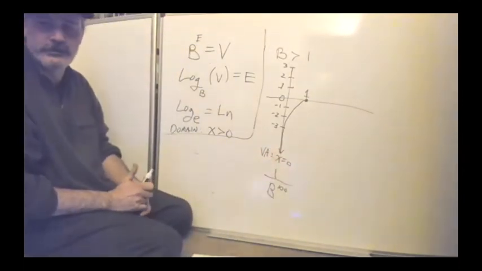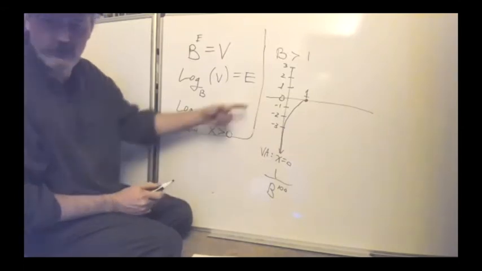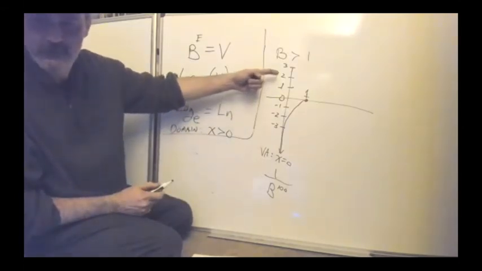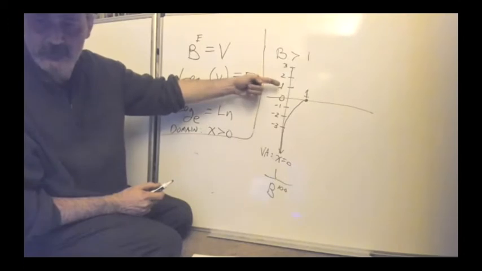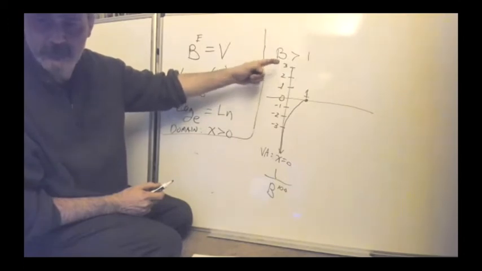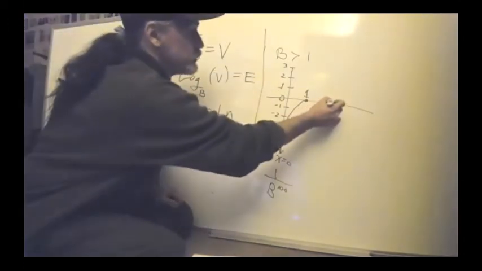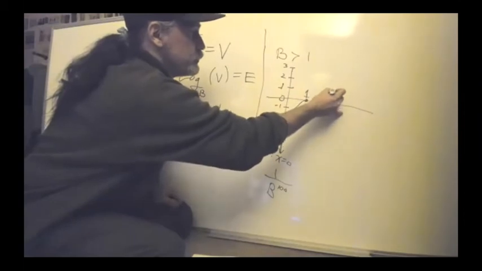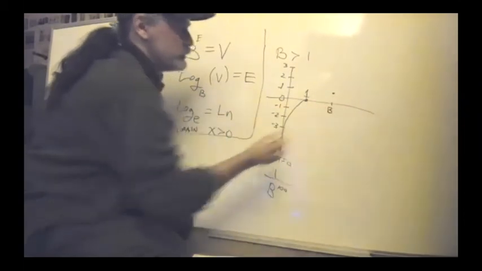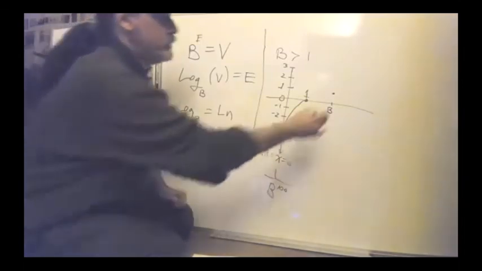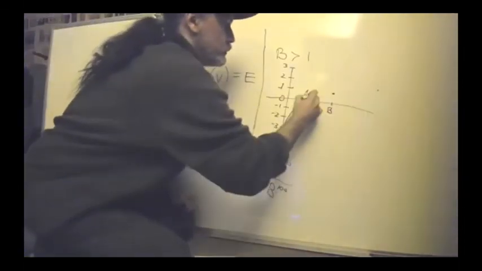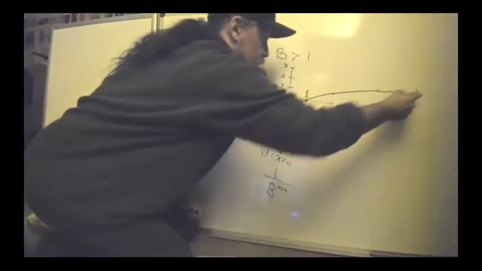Now again, if the base is greater than 1, well, as soon as we start applying exponents, then we're going to get the base to the first power, the base to the second power, the base to the third power. And so whatever that base is, when we do the first power, that's the x we get there. And then this will be bigger, and this will gradually go this way.